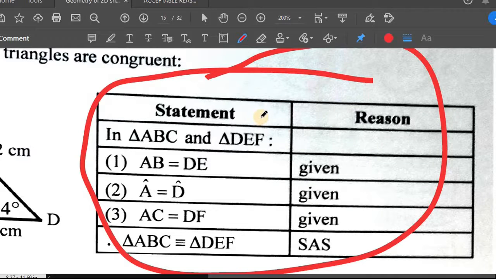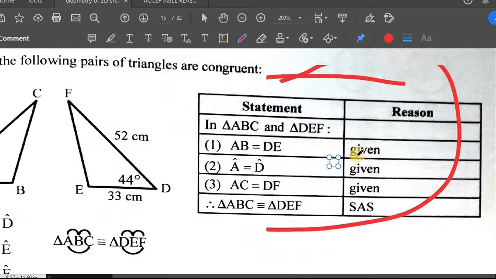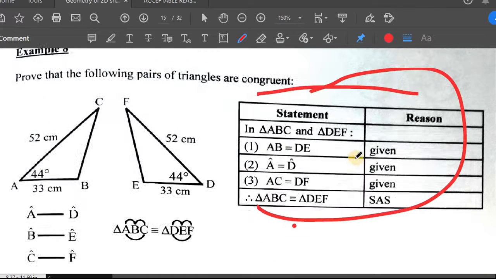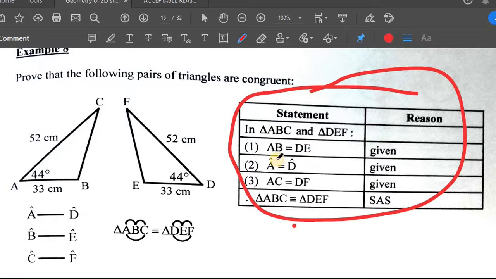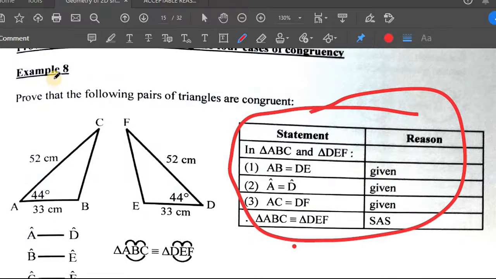So we're back now, right? In triangle ABC and DEF, AB is equal to DE. We've got AB and DE is 33, right? This was given to us at this specific stage. We're just entering example 8 now.